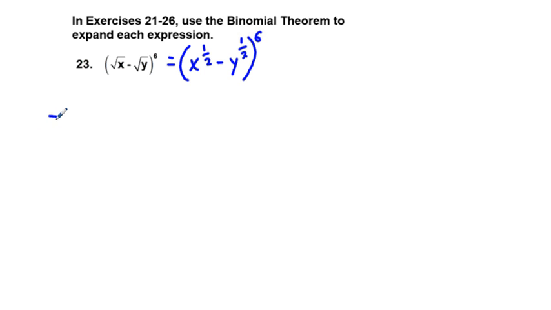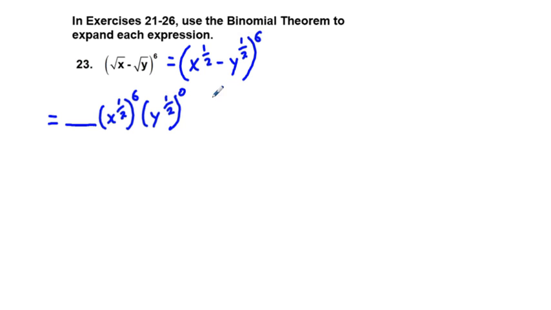I'm going to put an equal sign here, equals the coefficient, which we don't know yet, times x to the 1/2 power, and that's going to be raised to the power of 6, right? And then we're going to have times y to the 1/2 power raised to the power of 0. Next we have, well, it says minus, doesn't it?